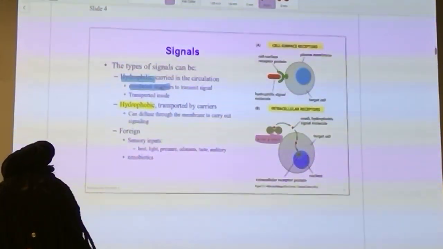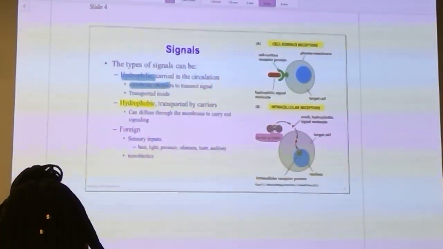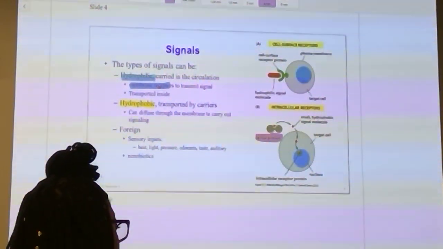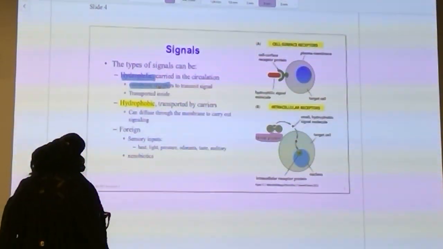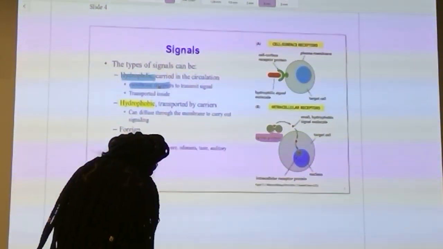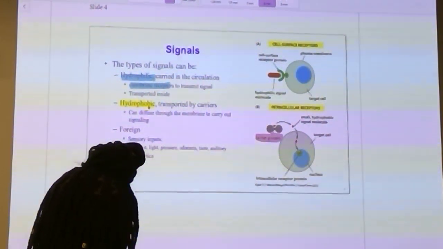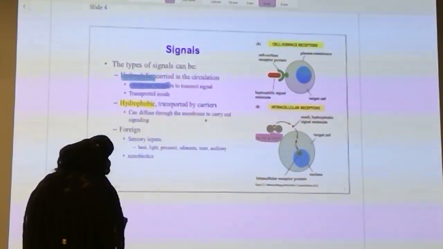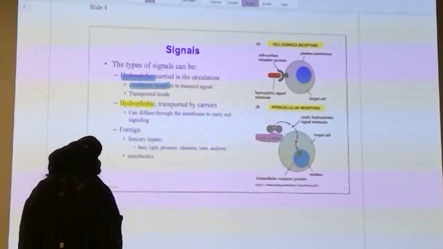Okay. So signals that are hydrophilic require a membrane receptor. The receptors are on the extracellular membrane, but they do not require transport proteins to be carried in the blood. For hydrophobic signaling, because it's lipophilic, its receptor is inside the cell, but it needs carrier proteins when it's in the blood.